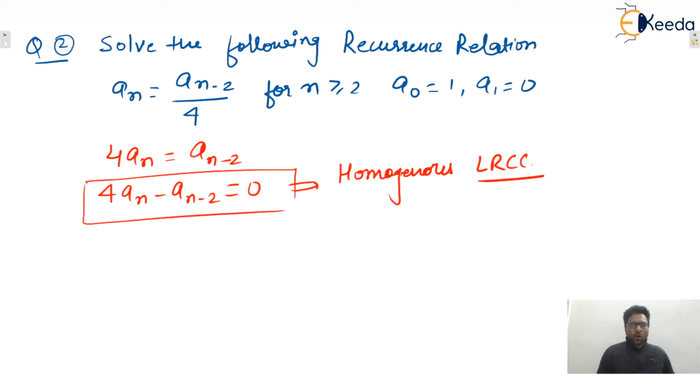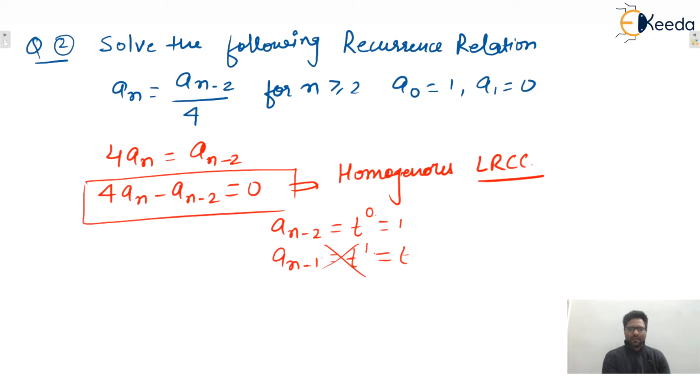Remember this one? Now write the characteristic equation. Remember, here the lowest subscript is n minus 2, so replace it with t power 0, that is 1. The next one, n minus 1, is not present. If it was present, we would replace it by t raised to power 1. But here it is not there, so no problem at all.